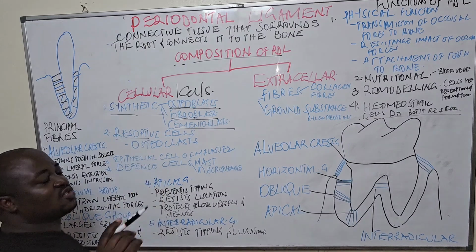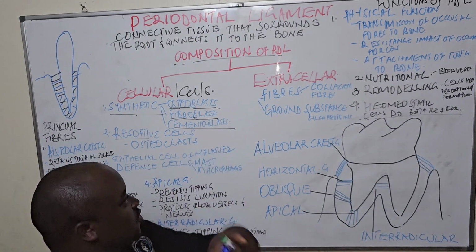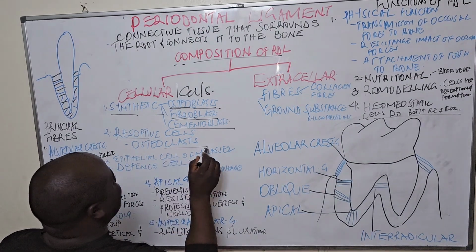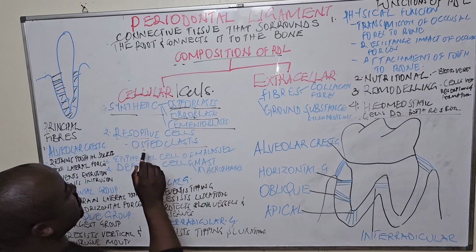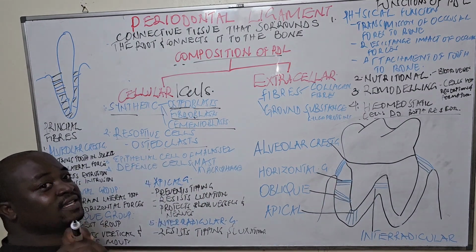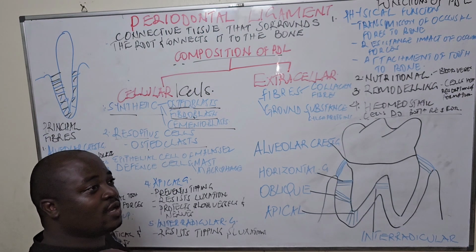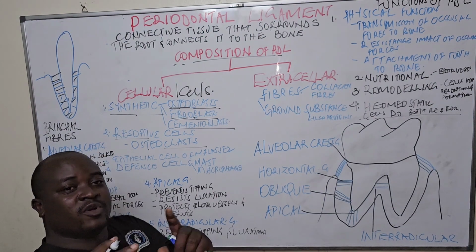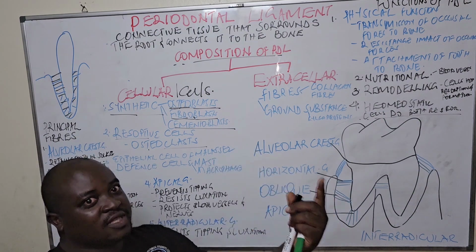Resorptive, now these ones, they tend to do what? To do away, the clasts. Osteoclasts. These ones form, these ones remove. As we shall later see in the functions, we have to remember the functions of remodeling. These put, these reduce.